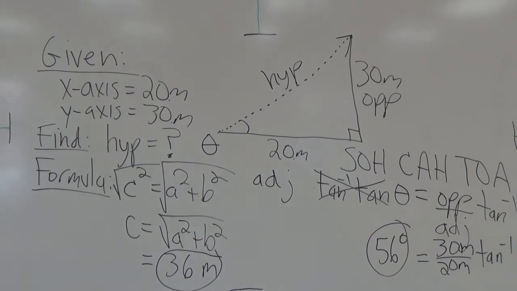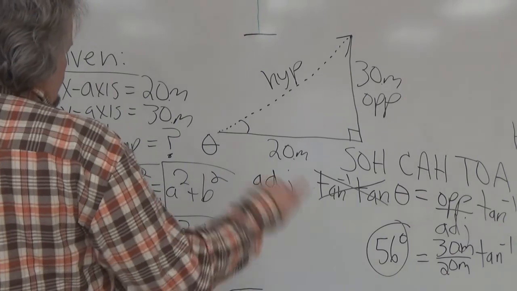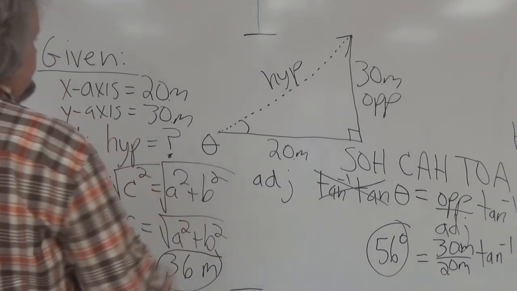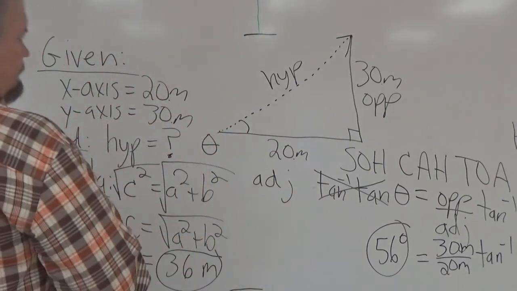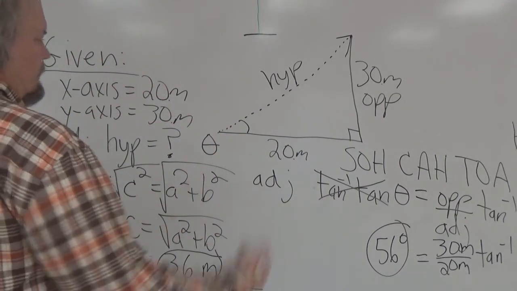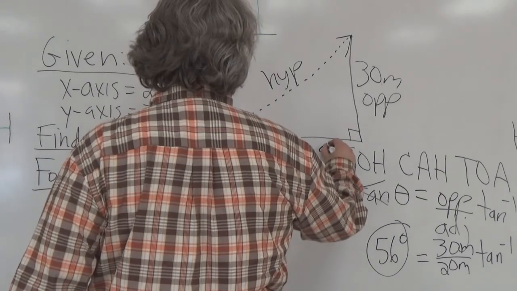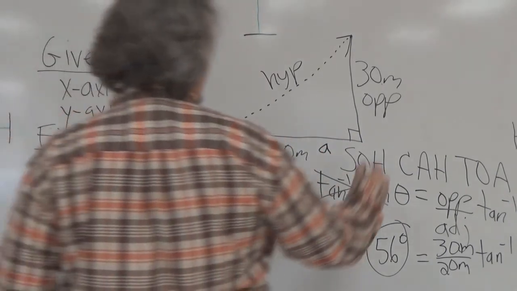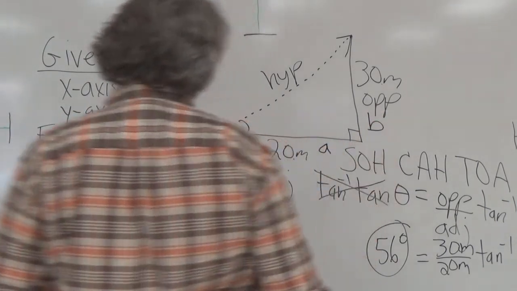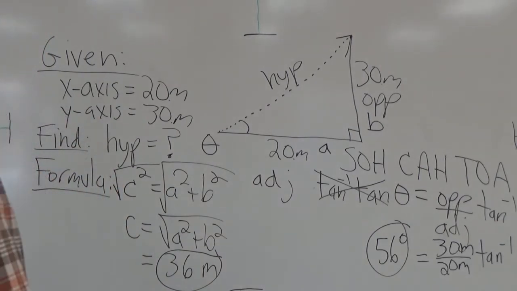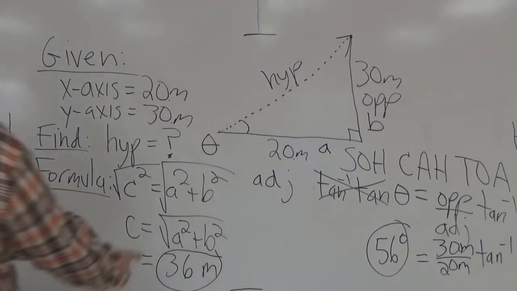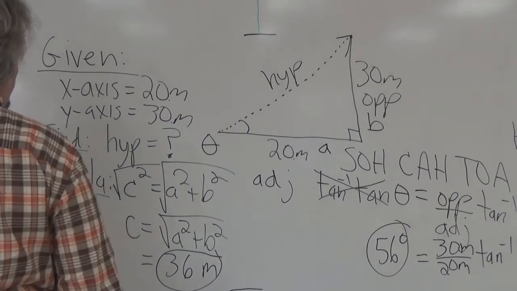Alright, so what I did here is I took a squared plus b squared, and it doesn't matter which one you use. So let's just do a standard. We'll just do the x as a, it doesn't have to be, and the y is b. So it's going to be 20 squared plus 30 squared, and remember, a lot of you mess up by not taking the square root.